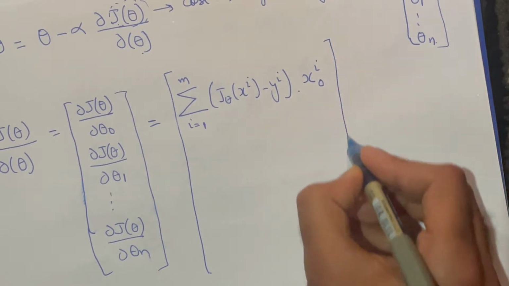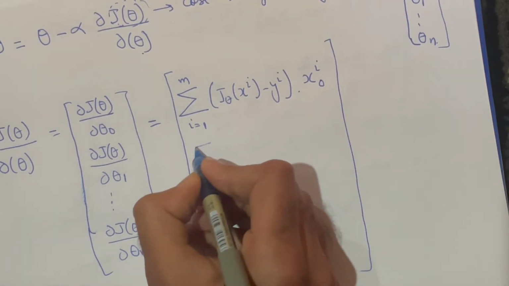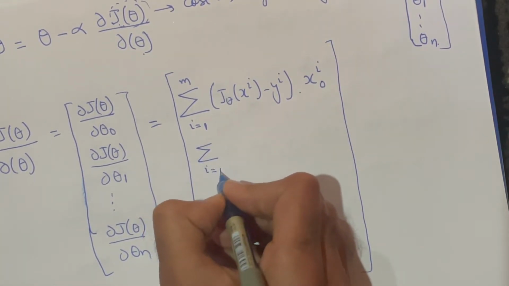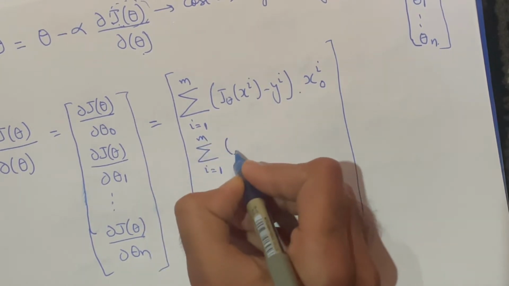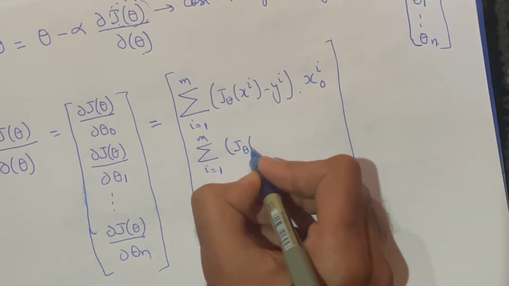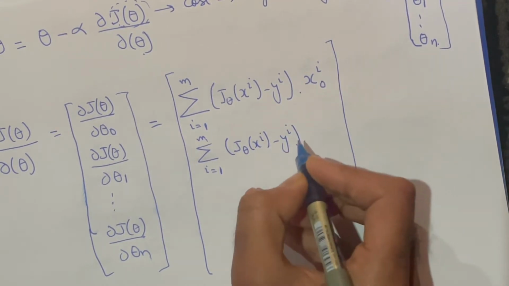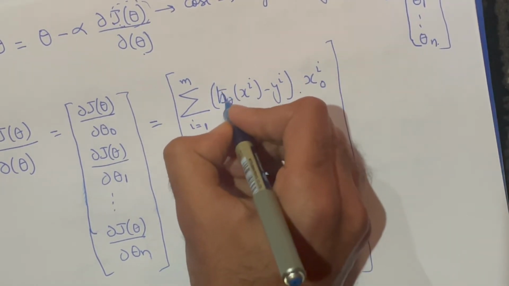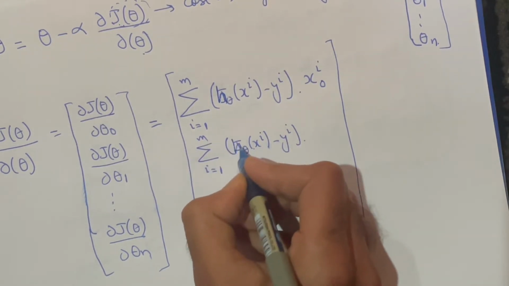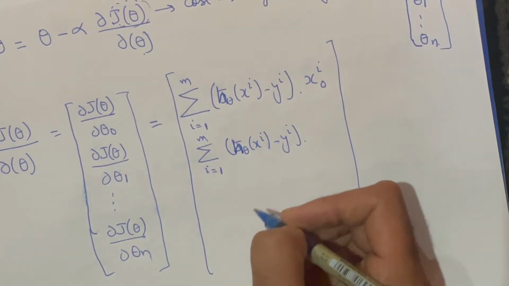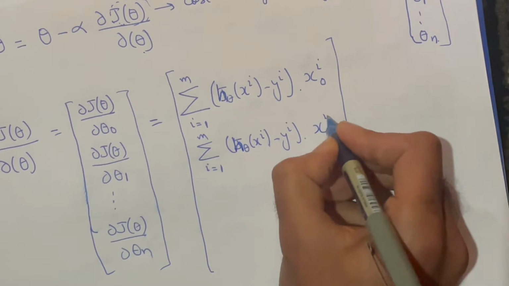The second will be summation i running from 1 to m, h of theta x i minus y i, into x i 1. Sorry, it is not J of theta, it is h of theta, the hypothesis.